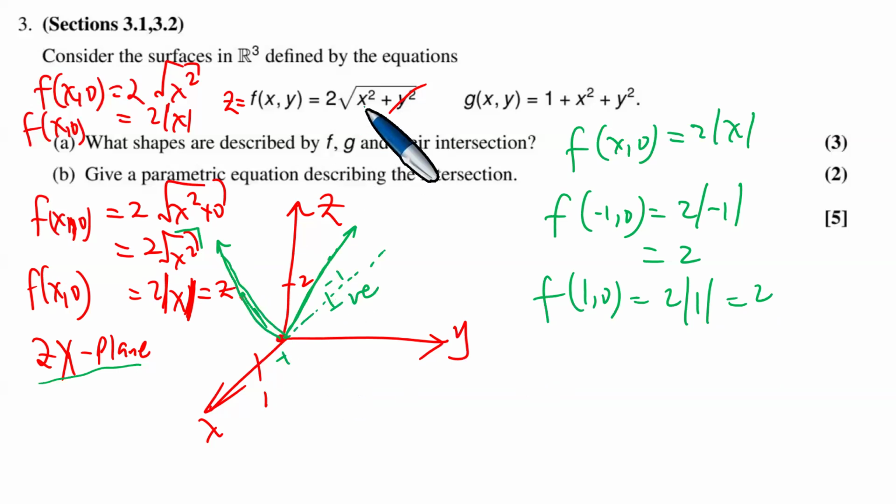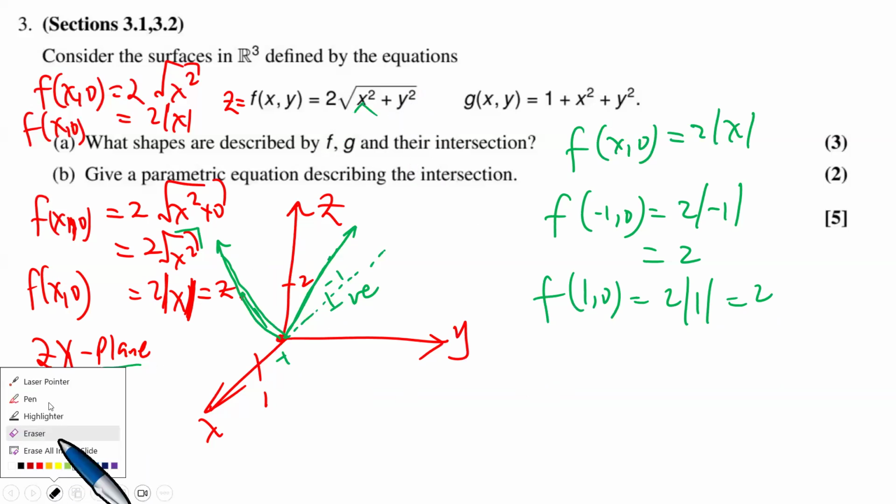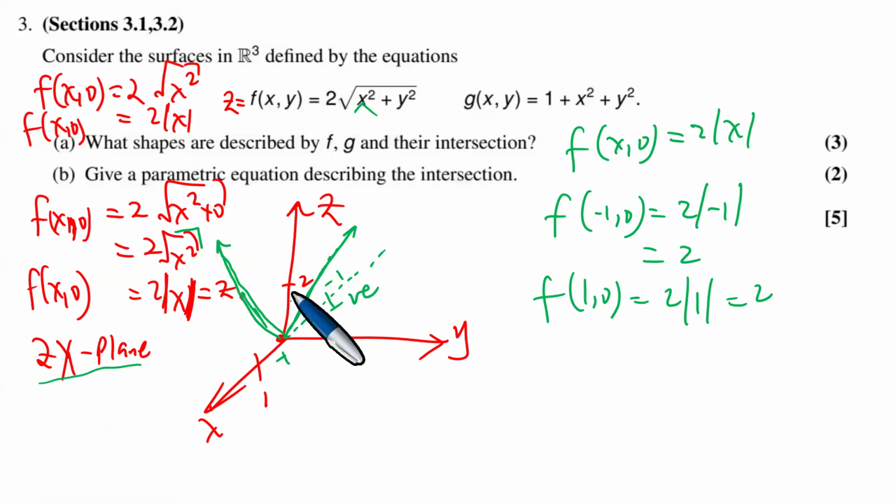And now, if simultaneously you decide to make x 0, such that y now is not 0 anymore, then you're going to get other lines like that. And so what this is going to produce is a shape like this.